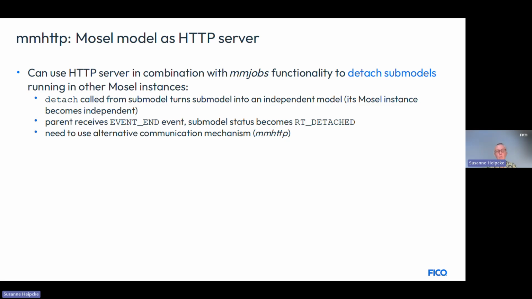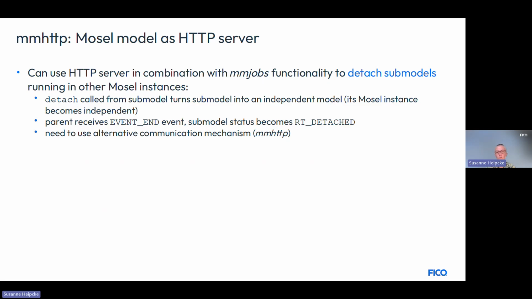When I'm starting a model as a submodel from a Mosel main model, they remain connected. If there is a network failure in between, the entire execution fails, so I've lost my submodel. If I want to be protected from this, I can decide in the submodel that I'm detaching it from the parent that has started it, and it becomes independent. But of course, I still need some way of reaching out to the parent model.